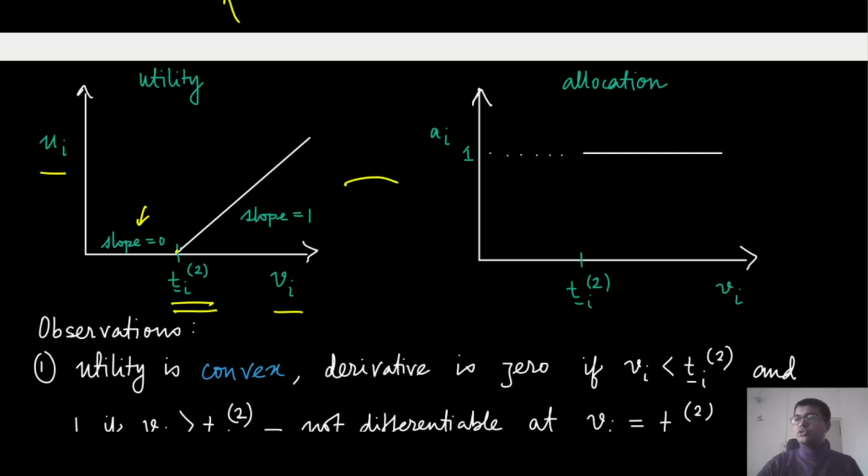You can also draw a corresponding allocation figure. So until T minus I2, the allocation was 0, so therefore agent I was not allocated that object, and the moment it is larger than that, it suddenly gets the full allocation. And you can actually have different allocation rules when there is a tie.